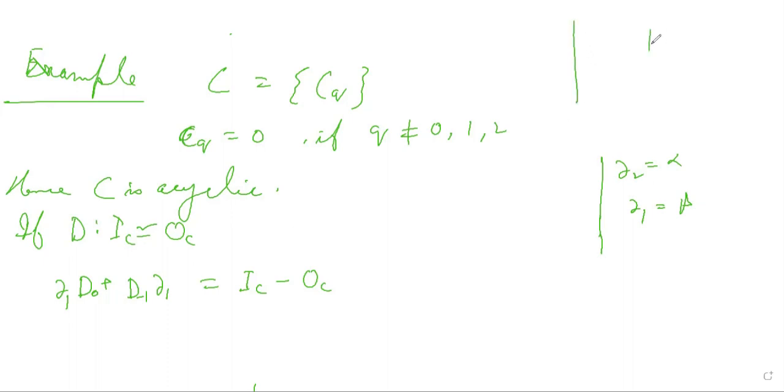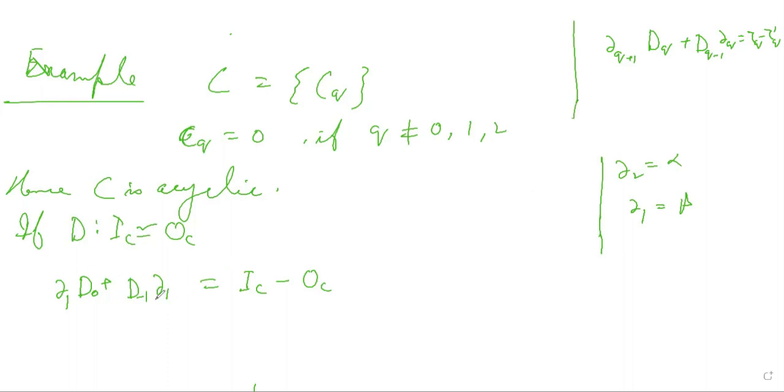So here basically we have Dq boundary q plus 1 plus Dq minus 1 boundary q equal to tau q minus tau q prime.